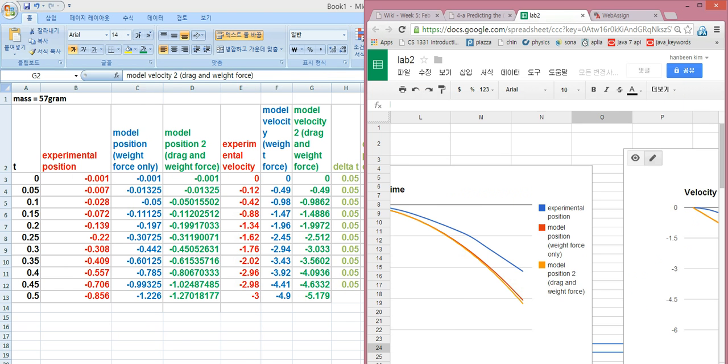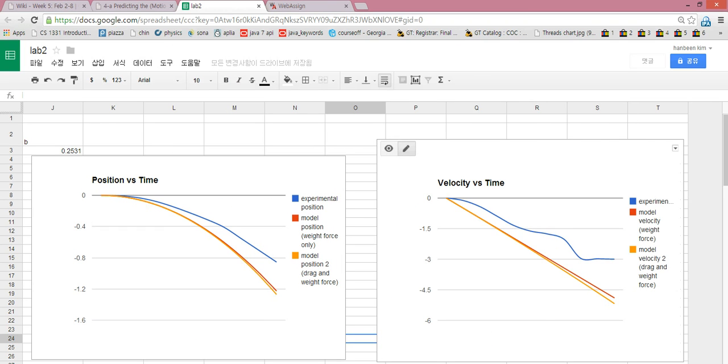And as you can see in the velocity graph, the velocity changed dramatically in my experimental position, while in the model position it accelerates constantly. It slows down and speeds up because of experimental errors.